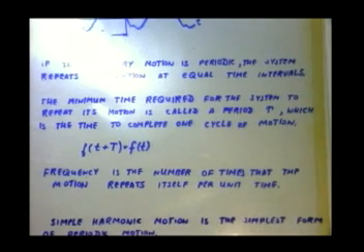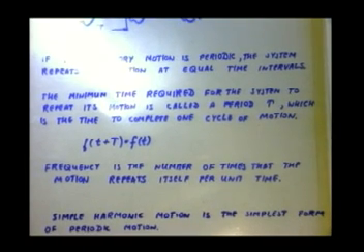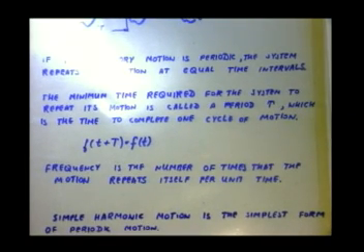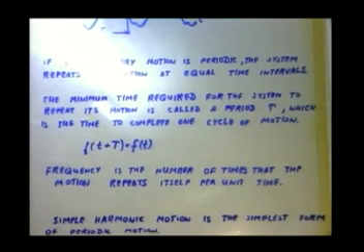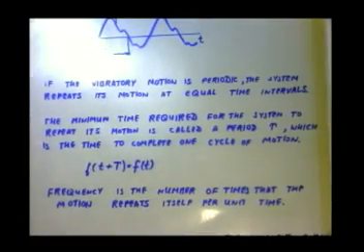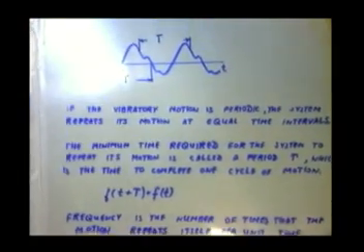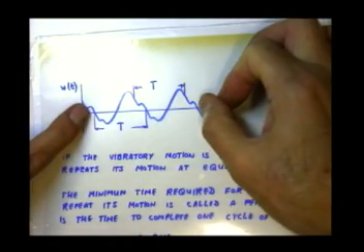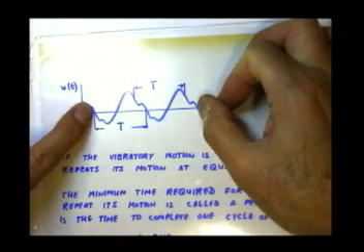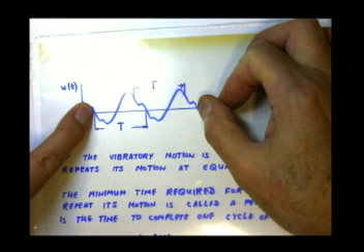Now there is a frequency also. Frequency is a number of times that the motion repeats itself per unit time. Say, for example, if from here to here time is 1 minute, then the system repeated itself 2 times in 1 minute.